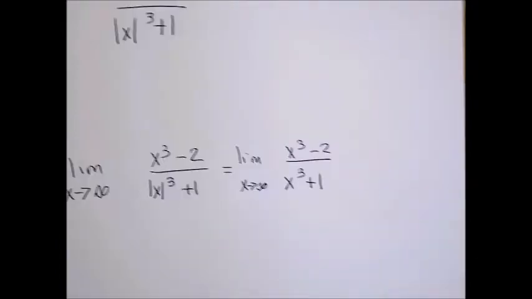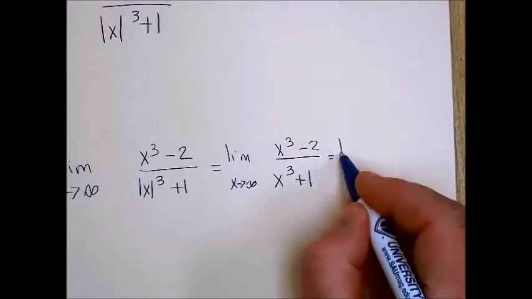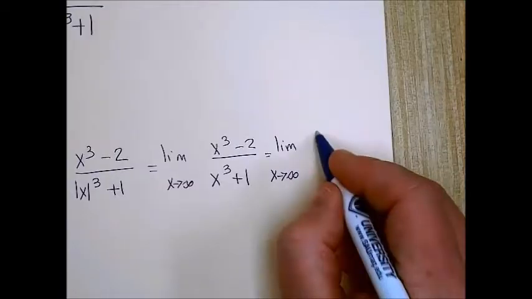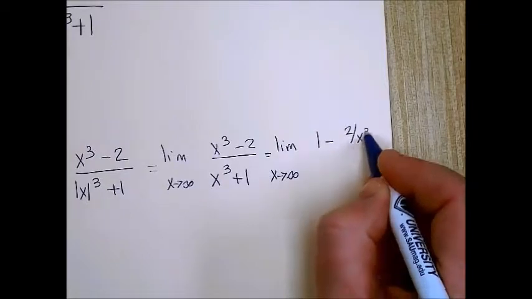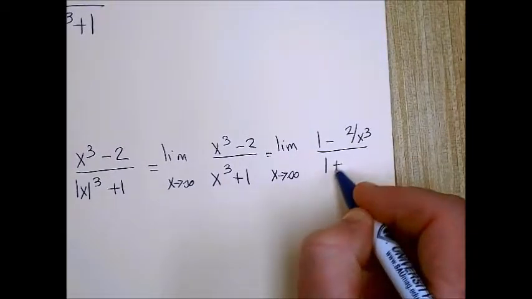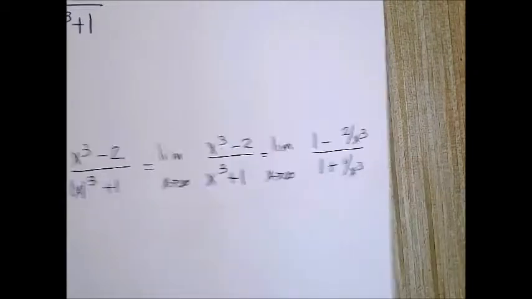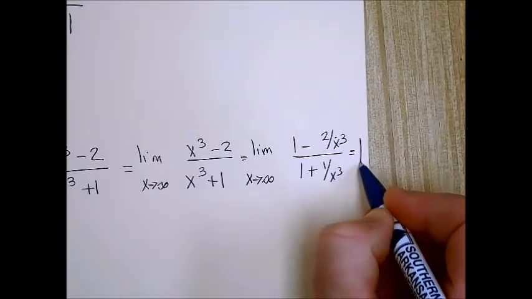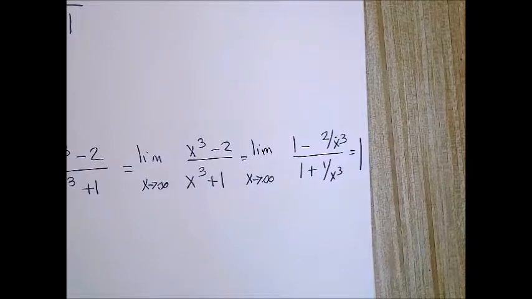We're going to divide everything by x cubed, which leads to the limit as x approaches infinity of (1 minus 2 over x cubed) over (1 plus 1 over x cubed). The limit of these two fractions, of course, is going to be 0. This answer is going to be 1.